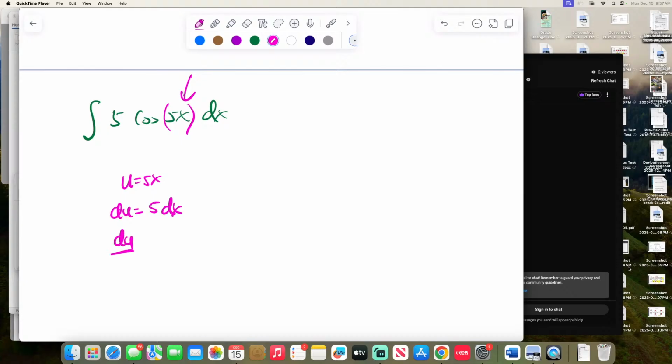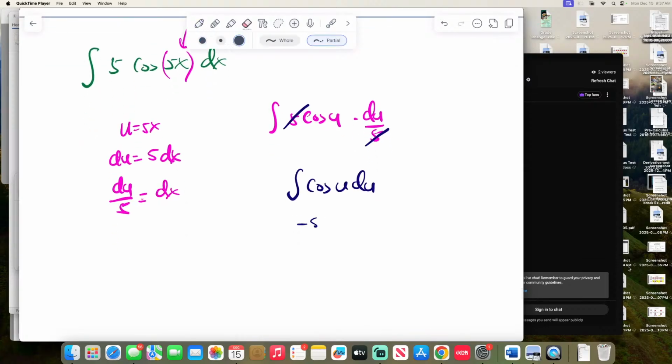And this is du over 5, right? So that is going to be cosine of u, 5, and then du over 5. This time the 5 can cancel out. Cosine of u du, simple integral, sine of u.